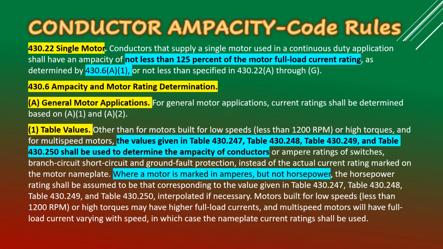Also, it is telling if the motor is marked in amperes and not in horsepower, the rating shall be assumed to be that corresponding to the value given in these tables and interpolated if necessary. So if the ampere rating only is given for the motor and horsepower is not given, and the value is not directly found in the table, we have to do the interpolation.